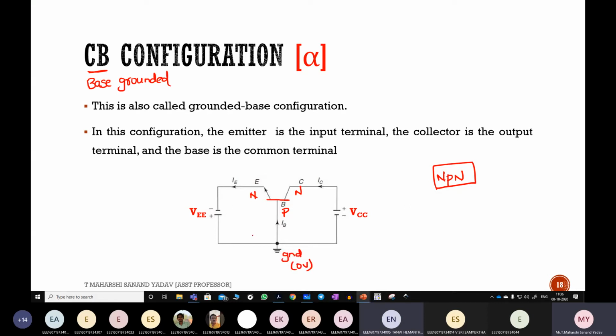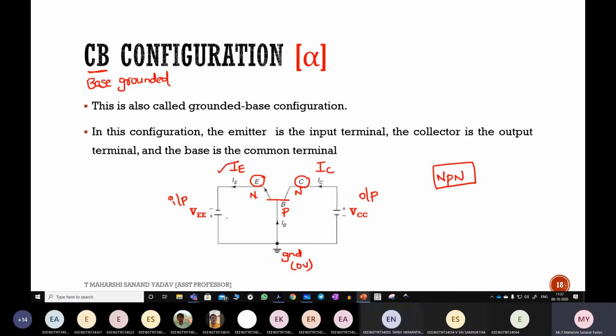Next, this is the input side and this is the output side, whereas this base is common between input and output. Now this is the emitter, so the current will be IE. Output is the collector, so output current will be IC. Can anyone tell me what is the input current? Input current is IE. What is the input voltage?